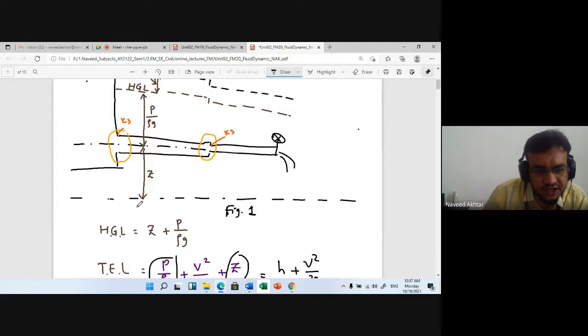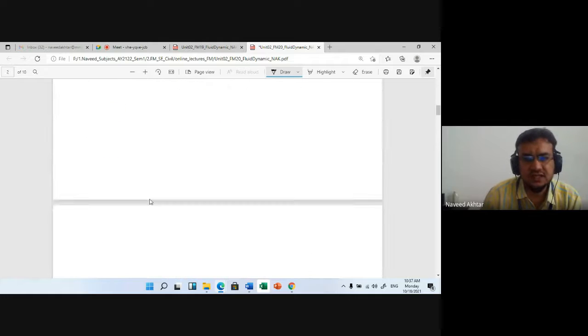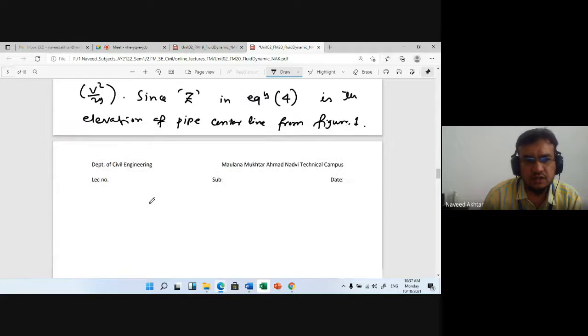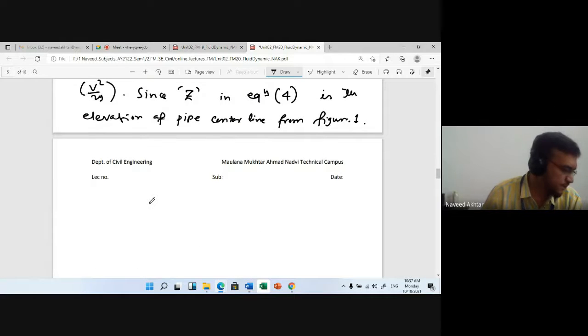This Z is nothing but the center line of the pipe, that is Z from the data. That is shown on our figure.